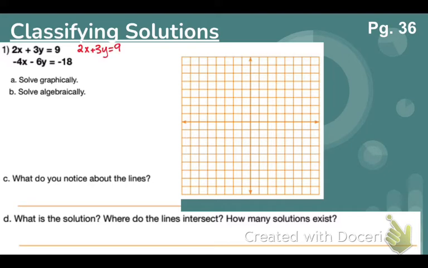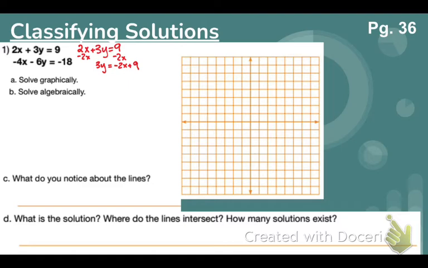So if we want to get that y alone, what are we going to do first? Yeah, we're going to move the x. So we're going to subtract 2x from both sides. But to get it into y equals mx plus b form, we need that y alone.